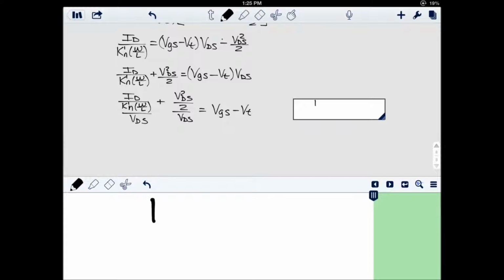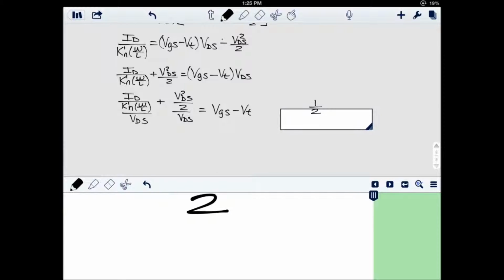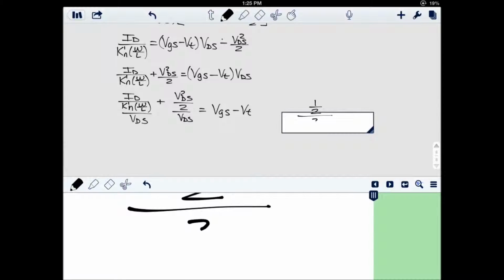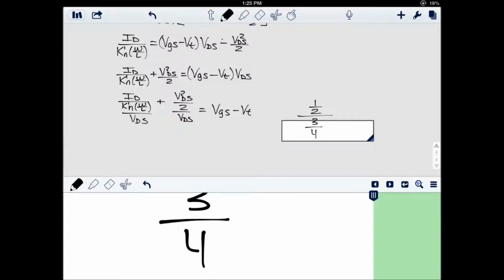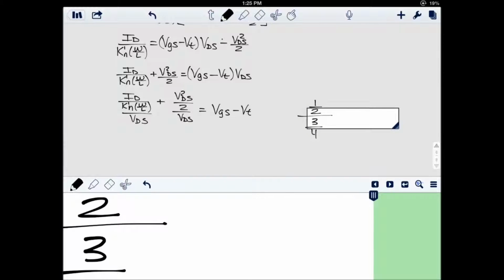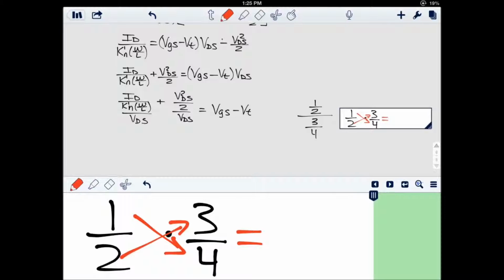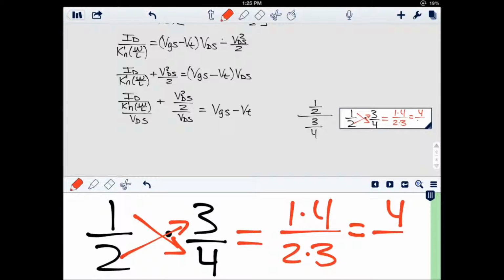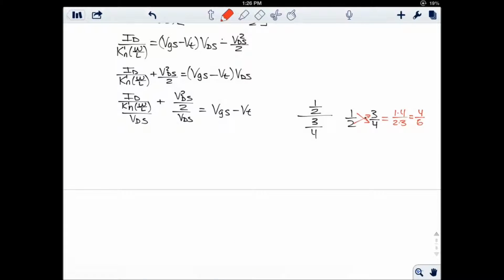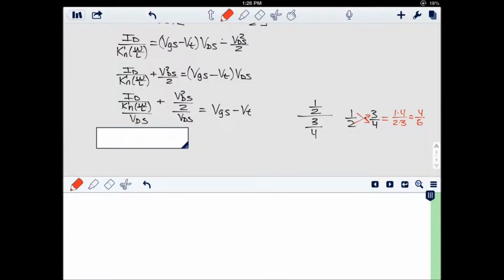Remember that if we have a fraction of 1/2 over 3/4, a division of fractions is the same as a cross multiplication of fractions. So this times this and this times this. It'll be 1 times 4 plus 2 times 3 equal to 4 over 6. The same thing we have here.